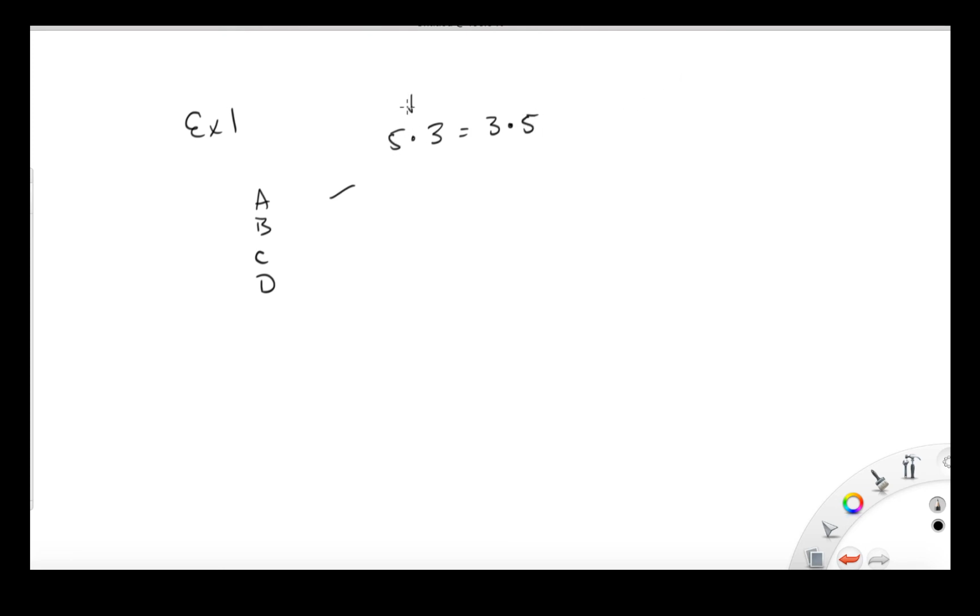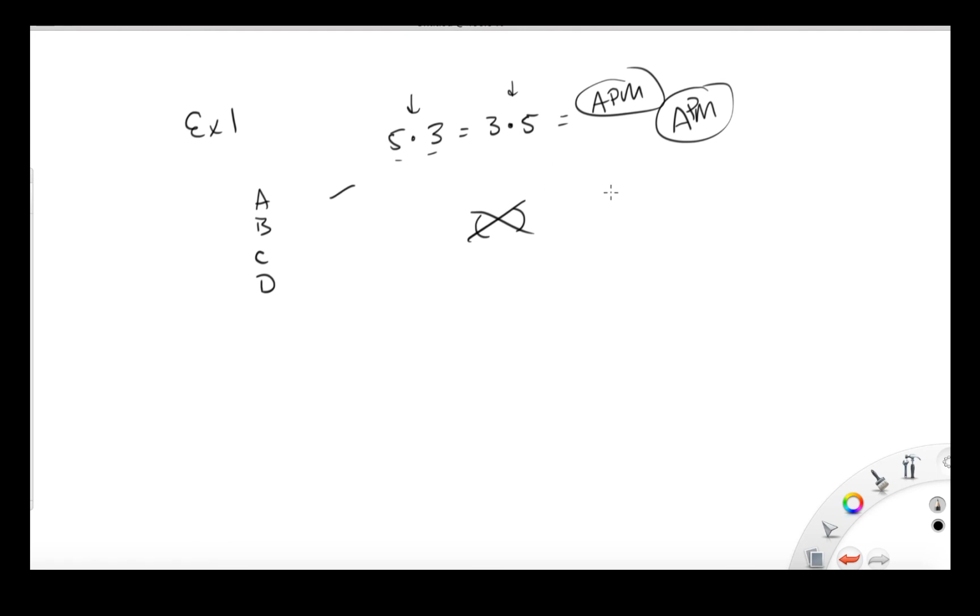Well, first of all, we know that we're talking about multiplication, and because there are only two numbers and no parentheses, that means it's commutative property. So commutative property of multiplication is what the answer would be. What operation are we using? And I let students abbreviate. So CPM is our answer. That's for A.